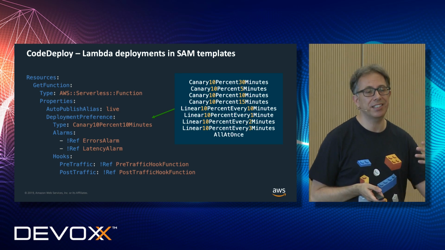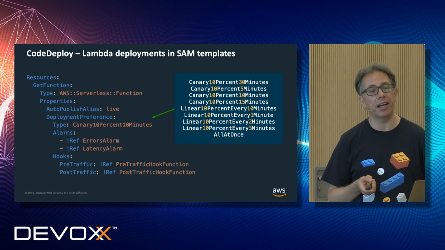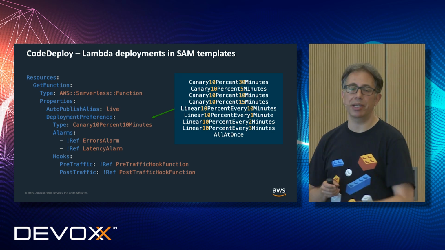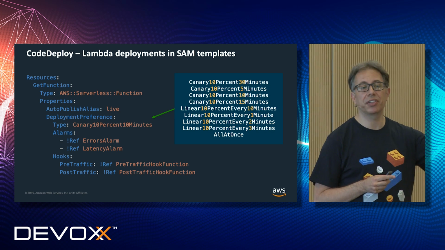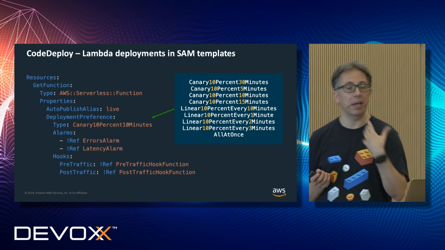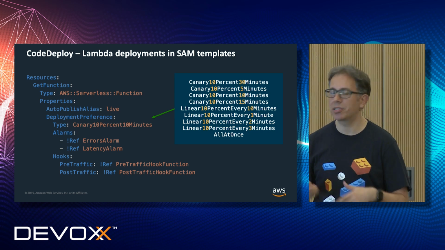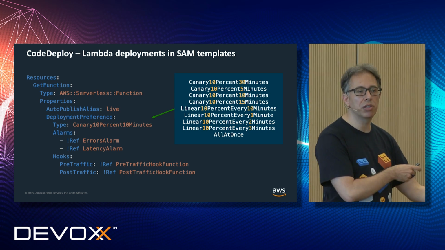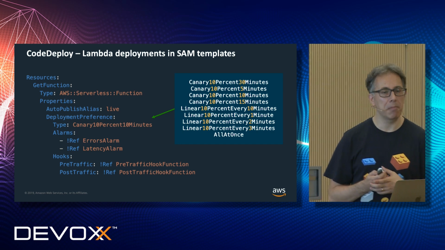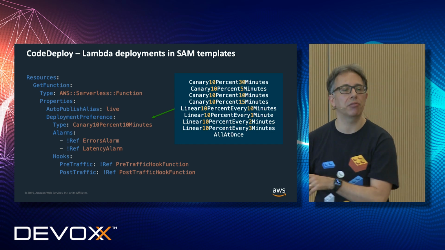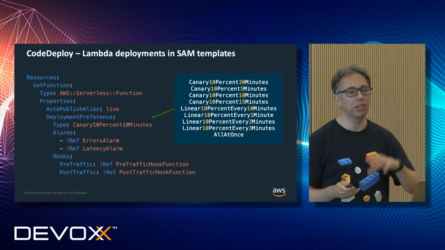So for example, if there is any error from my API, like a 500 error, or if the latency of my API goes above a specific threshold, then we roll back the deployment automatically. And then you can optionally define the pre and post traffic hook functions that can do those smoke tests and final checks before the deployment is completed. Just these few lines will automate everything that I was describing before, because it's integrated with Code Deploy.